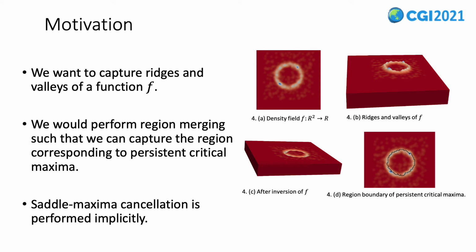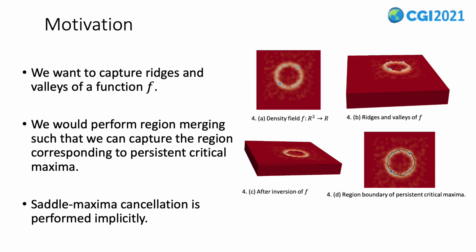Now, as a brief motivation, you can see there's a density field called F defined from R2 to R. Now we are interested in the ridges and valleys of F. In Figure 4D, we can see this boundary, right?